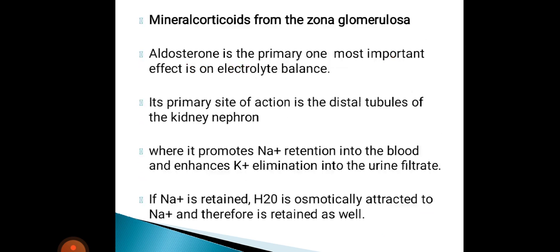Now coming to mineralocorticoids. Of the mineralocorticoids from the zona glomerulosa, aldosterone is the primary one. Its most important effect is on electrolyte balance. Its primary site of action is the distal tubule of the kidney or nephron, where it promotes sodium retention into the blood and enhances potassium elimination into the urine filtrate.